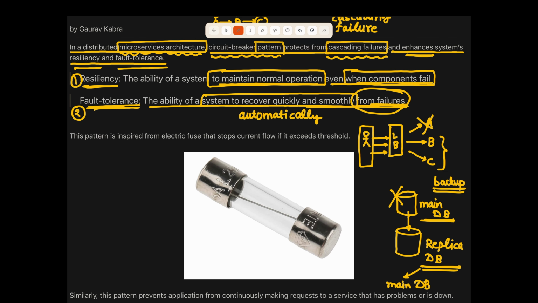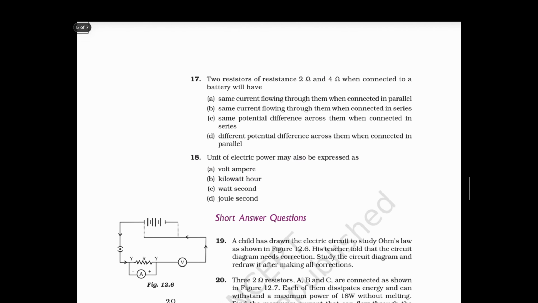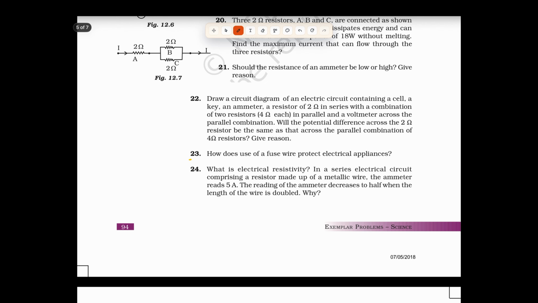This concept has been borrowed from our nostalgia book NCERT, where in class 10th we have a chapter called electricity. In that chapter, do you remember the concept of a fuse? If not, let's go there. This is taken from NCERT exemplar book.